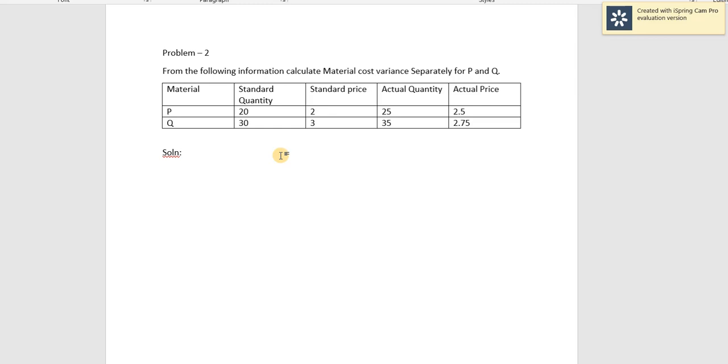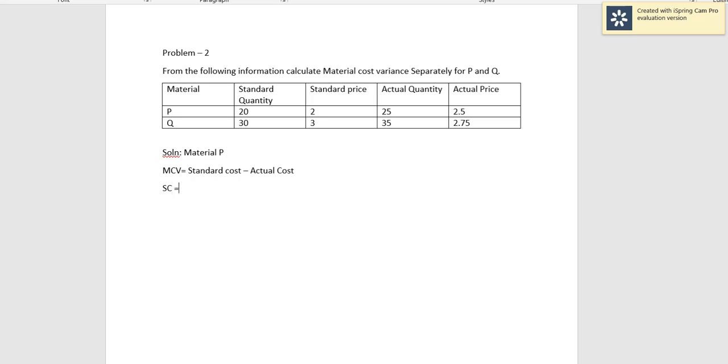Now they have asked to solve the problem. We'll see first for material P. What is the formula for material cost variance? Material cost variance is equal to standard cost minus actual cost. Then how to find out the standard cost?